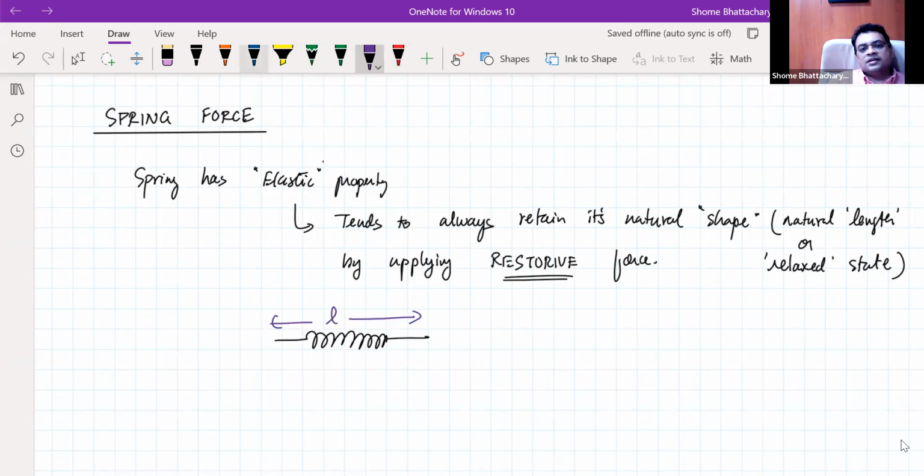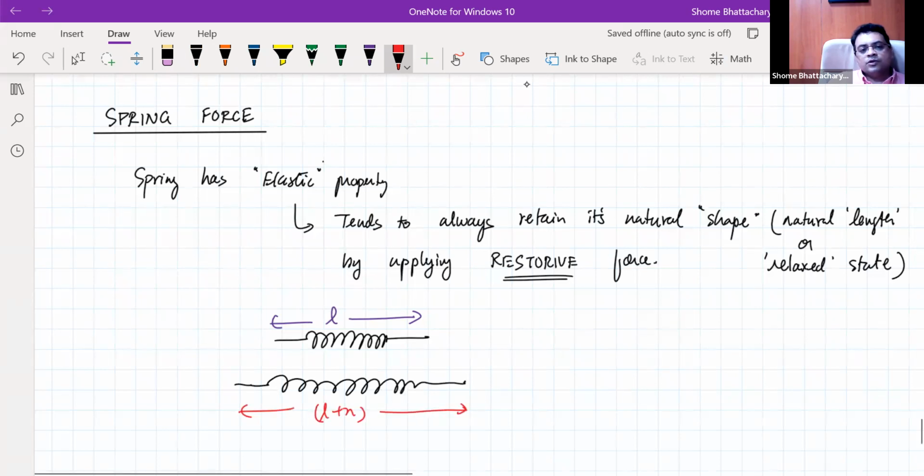Then from this natural length, if we extend it by pulling it by two forces in the opposite direction, you'll see that to keep it extended, we have to apply an outward force. On its own, it will not remain extended. We'll have to keep applying an external force, because the moment it is extended, the spring will now apply what we call the restorative force.